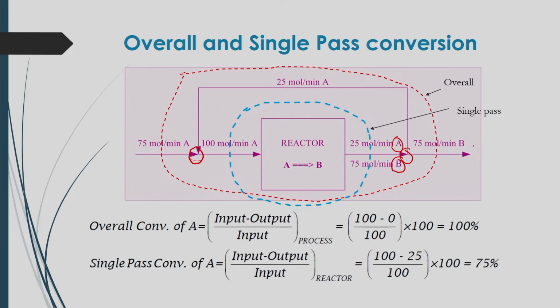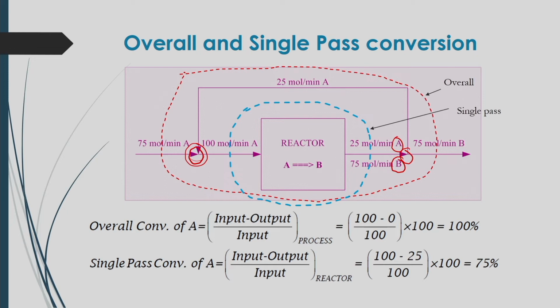Then, as a product, some amount of pure B is taken, but the remaining unreacted reactant is sent back to the mixer before the reactor.